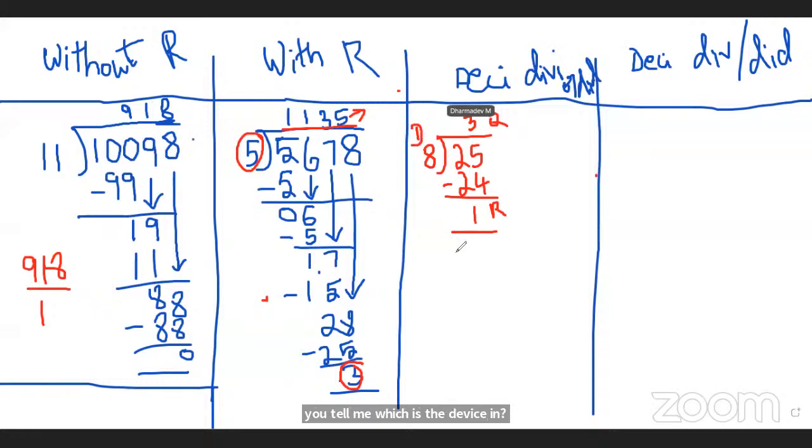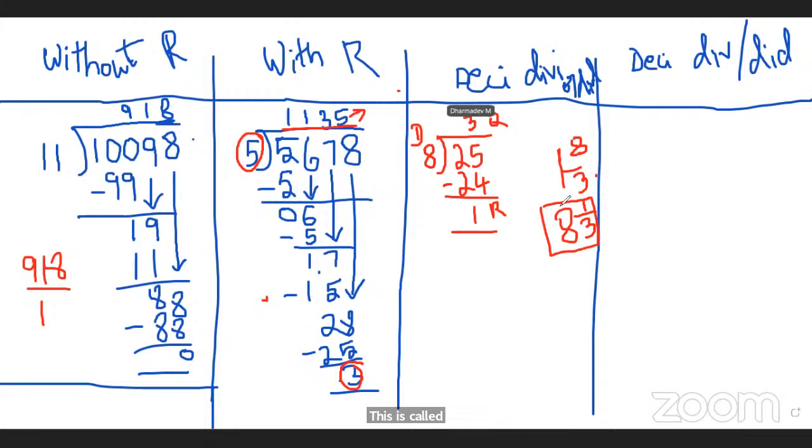Now tell me the format of a mixed fraction. 1 upon 8 over 3? Or 8 upon 1 over 3? Which is correct? The down part, sir. That's good. This is called a mixed fraction.